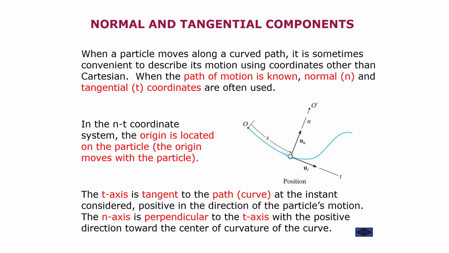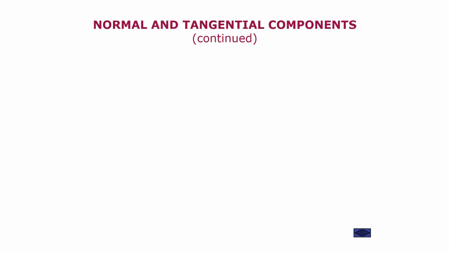The t-axis is tangent to the path of the curve, and the n-axis is the perpendicular axis, which is always pointing towards the center of curvature or the center of motion.